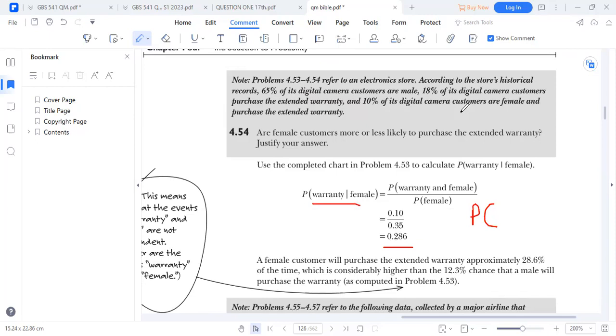We can see from the comparison: females. Females is considerably higher at 28.6% and males at 12%. So this is a justification. We're comparing the figures. Okay, I am done with that.